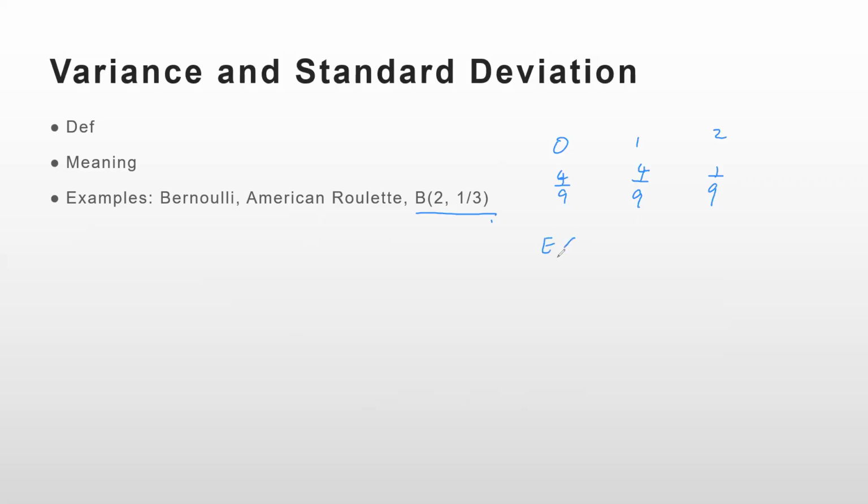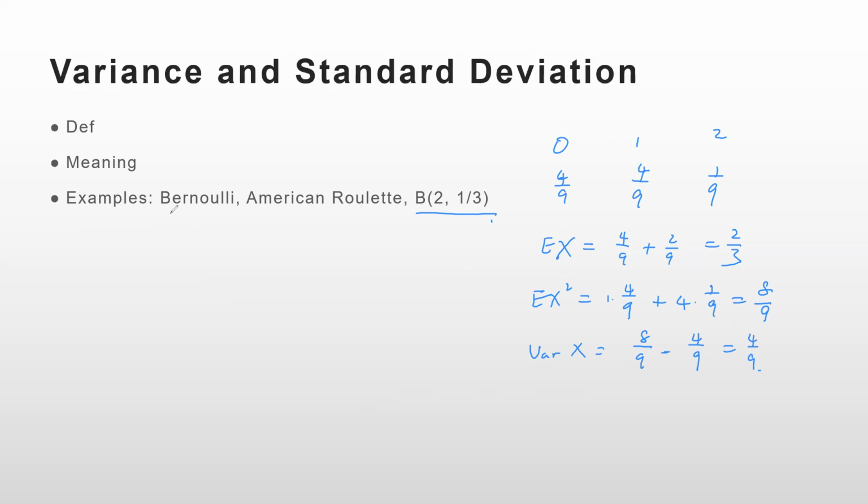We figured that out earlier: 4/9 plus 2/9 equals 6/9, which is 2/3. And then we calculate E of x squared: 0 squared is still 0, so you have 1 times 4/9, plus 2 squared, which is 4, times 1/9, and so you have 8/9. And the variance equals 8/9 minus 2/3 squared, which is 4/9, so the variance is 4/9.